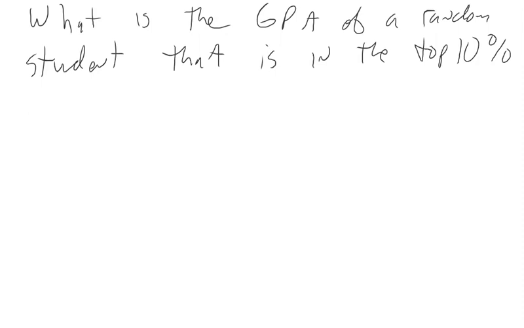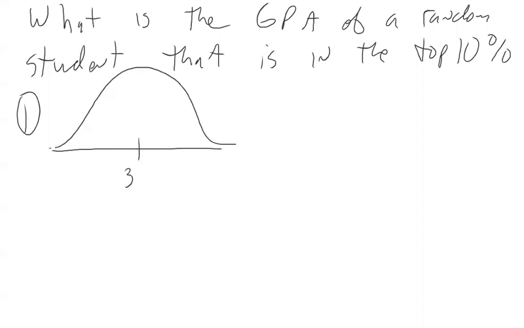So this one's a little different, but the steps are still very similar. Step 1, draw a picture. So I'm still centered at 3.0. I still have a deviation of 1.2. Now in this case, I don't know my event. I know my percentage. And remember, percentage is the colored region. So where is the top 10%?